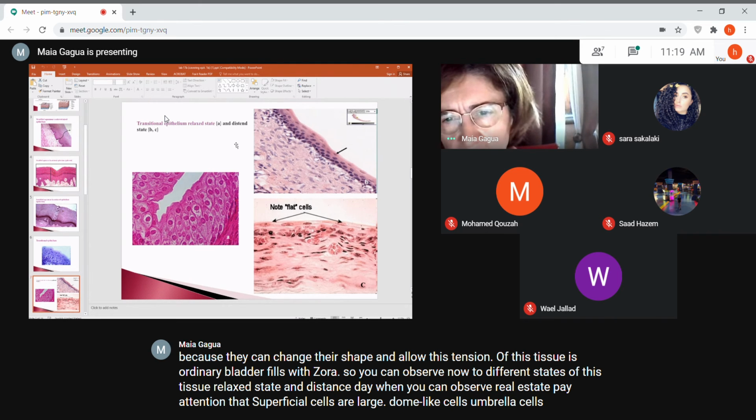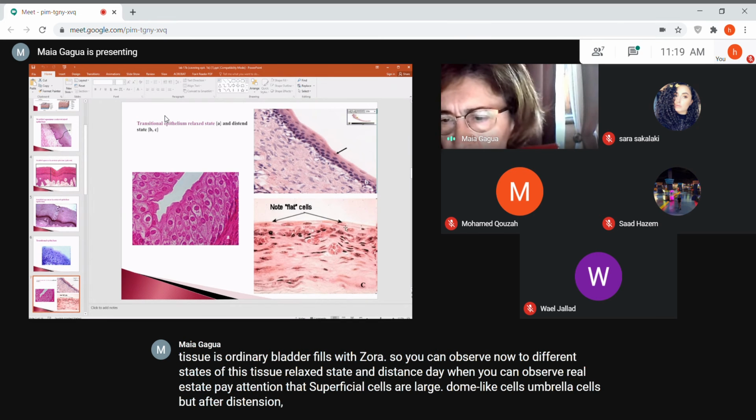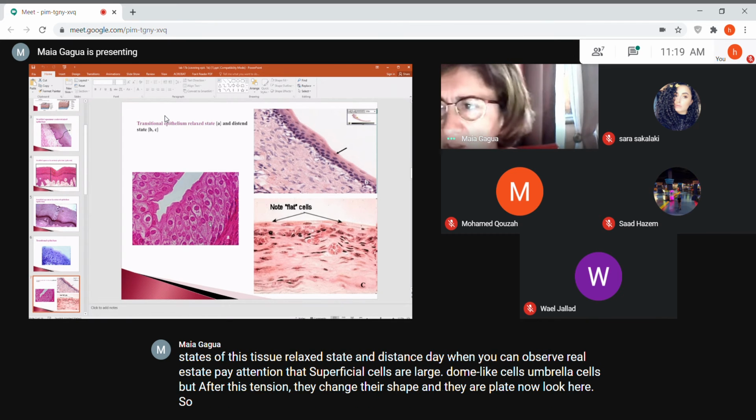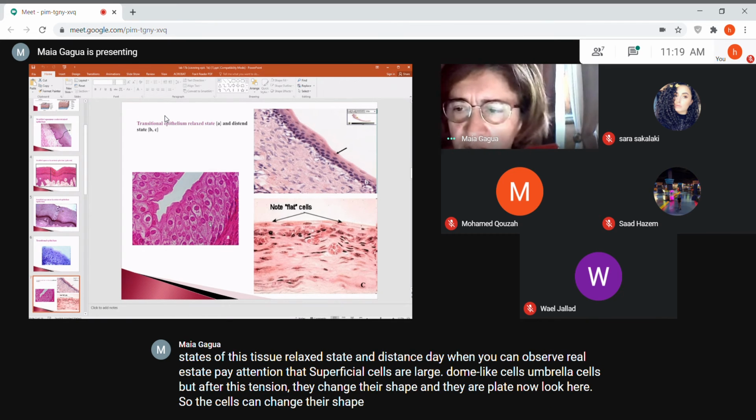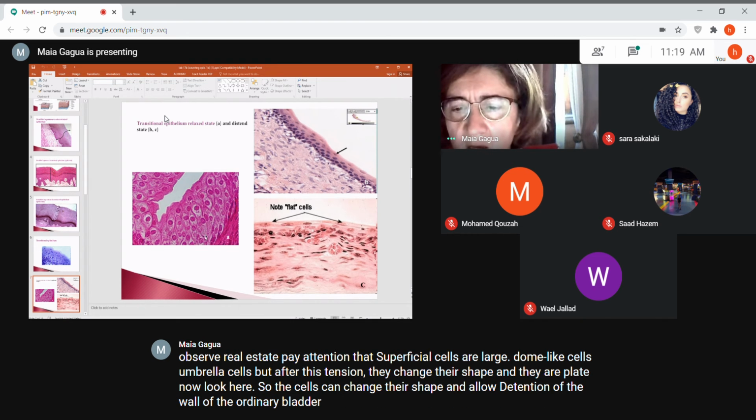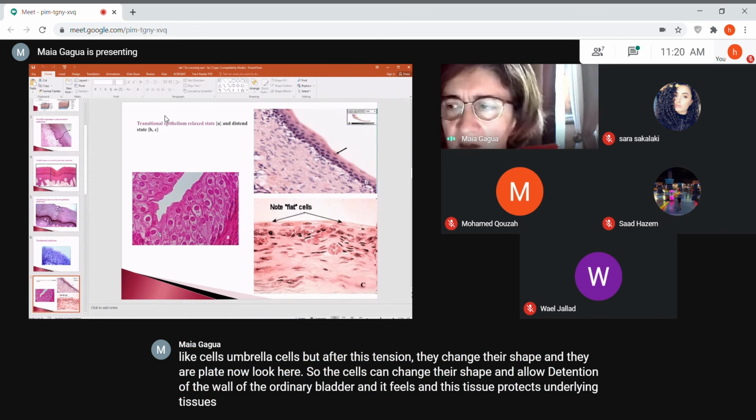But after distension, they change their shape and they are flat now. Look here. So these cells can change their shape and allow distension of the wall of the urinary bladder when it fills. And this tissue protects underlying tissues from toxic effect of the urine.